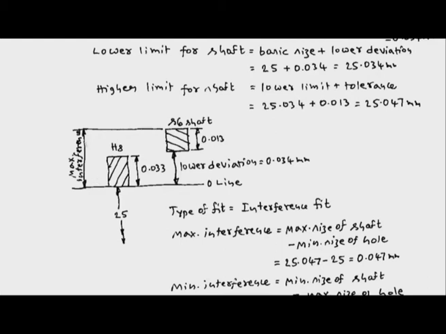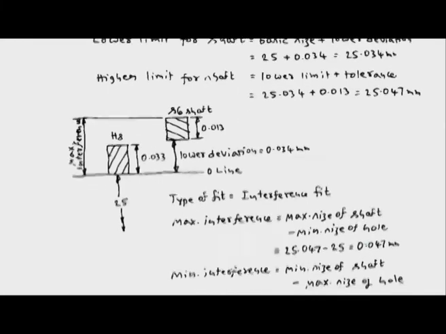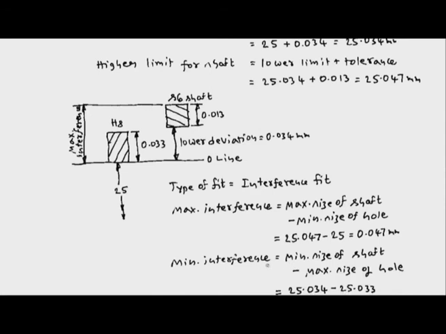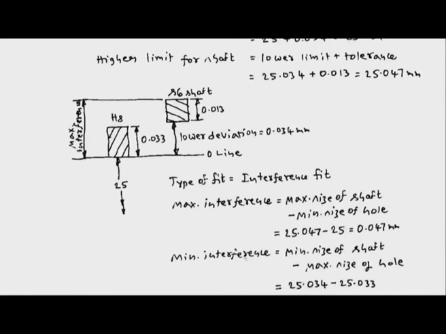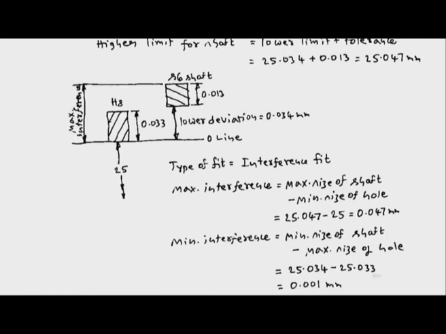So, the maximum interference we can get by adding lower deviation to the tolerance value, that is 0.047 millimeter, and minimum interference we can calculate by subtracting the maximum size of the hole from the minimum size of the shaft, that is 25.034 minus 25.033 millimeter, this is equal to 0.001 millimeter.